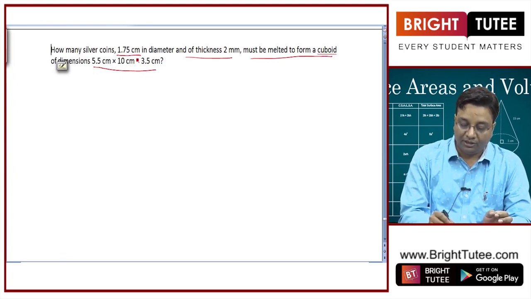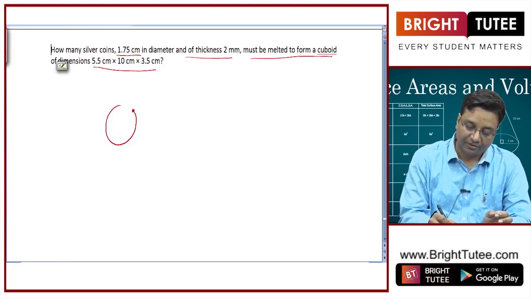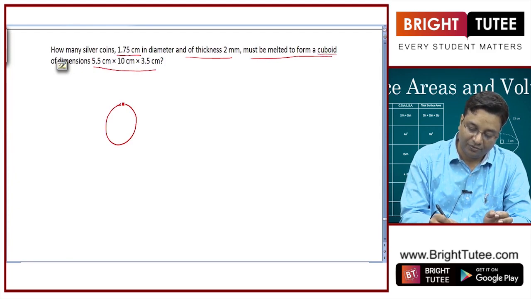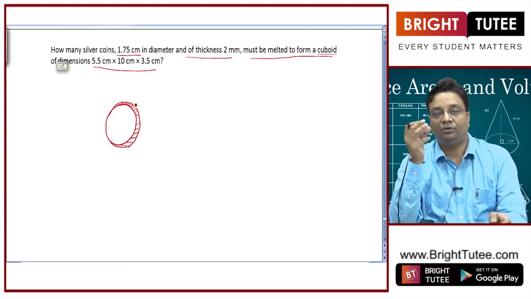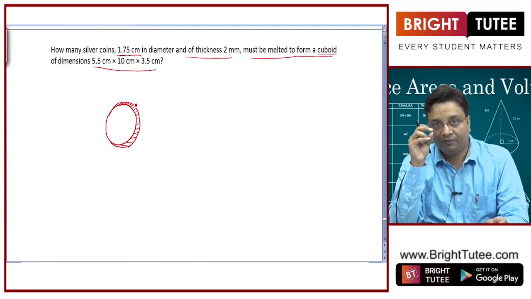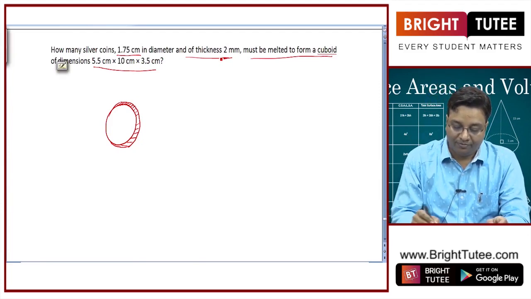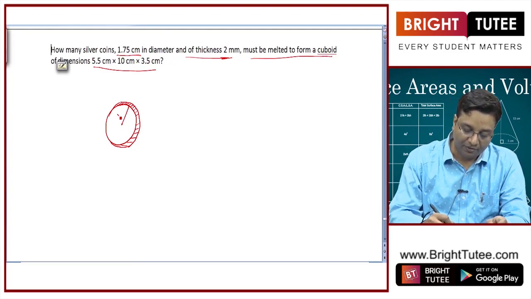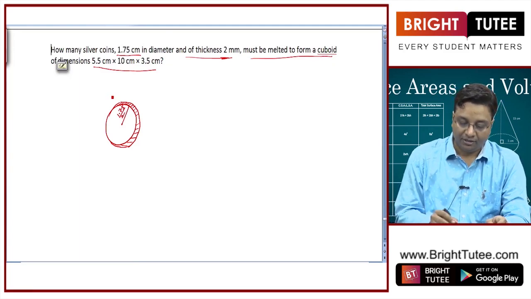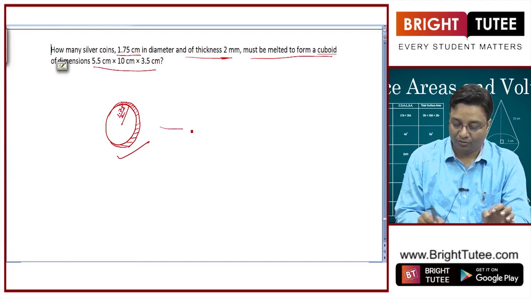So there are silver coins, this is the shape of a coin. If you notice, a coin is a cylindrical shape with thickness 2 mm and this is the diameter. So the radius here will be 1.75 by 2 centimeter.